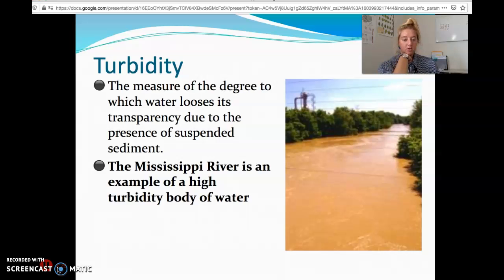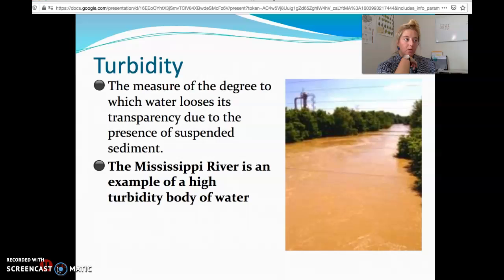Now this is the measure of the degree to which water loses its transparency due to the presence of suspended sediment. The Mississippi River is an example of a high turbidity body of water. So this would be asking you basically, can you see the bottom of the lake?